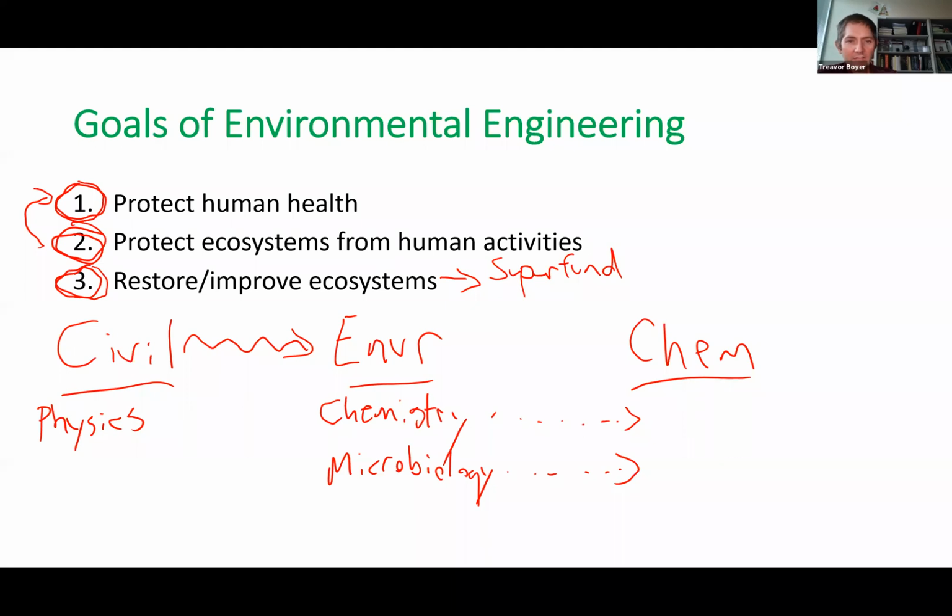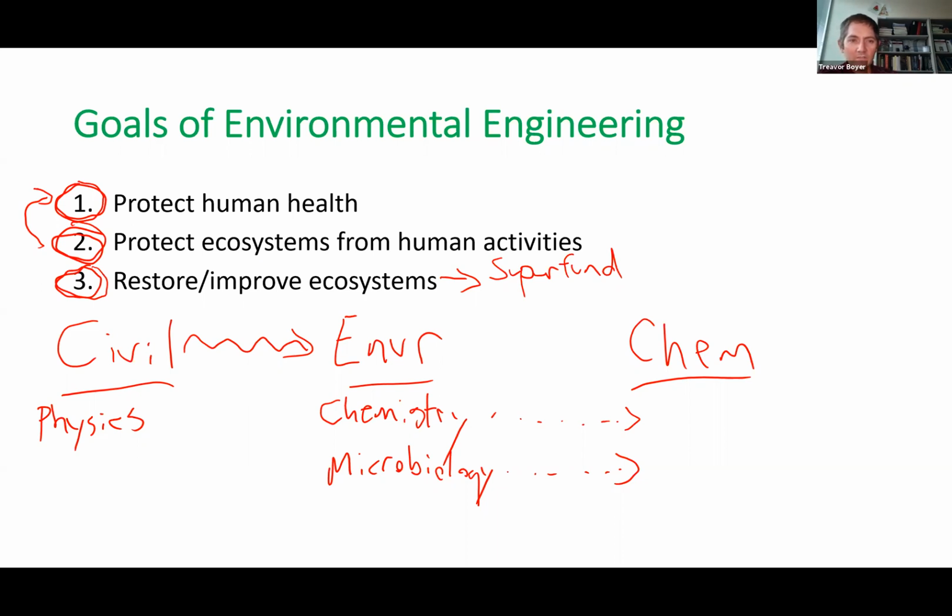The way I think about it is that a lot of civil engineering is very much physics-based. Civil engineers design structures like bridges. They also do what's called geotechnical engineering, which makes sure that the ground can support structures, as well as transportation engineering and materials.